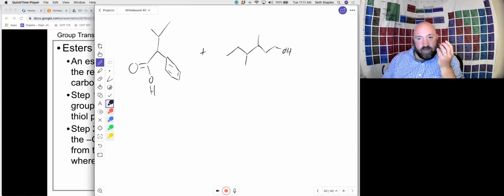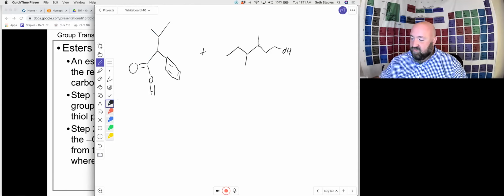So, like I said, in the first step, what you really want to do is redraw these so that the carboxylic acid has its alcohol sort of pointing in towards the alcohol, and rewrite the alcohol so that its hydroxyl group is pointing in towards the carboxylic acid.